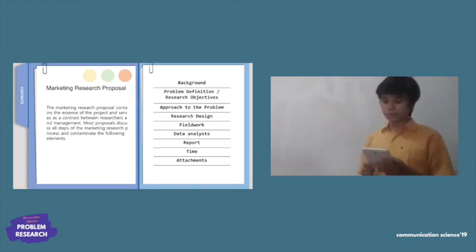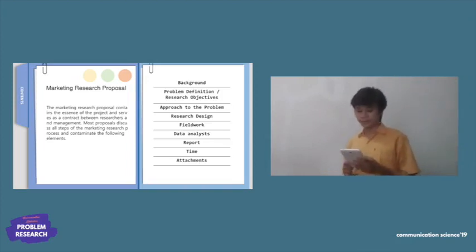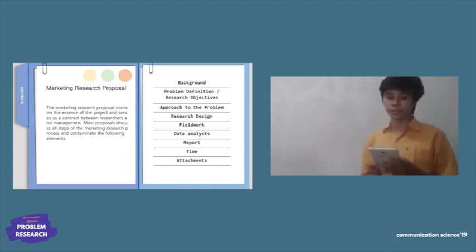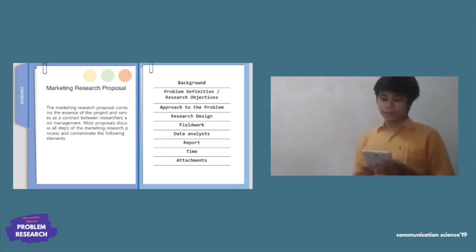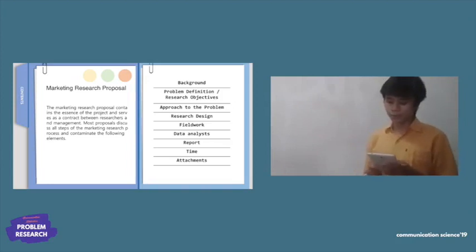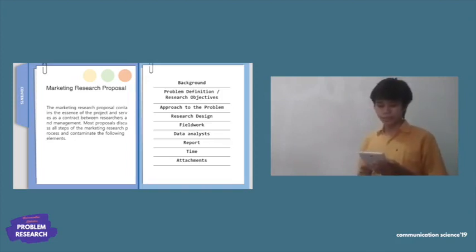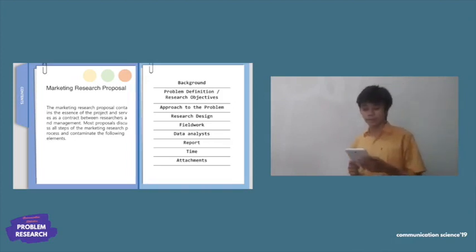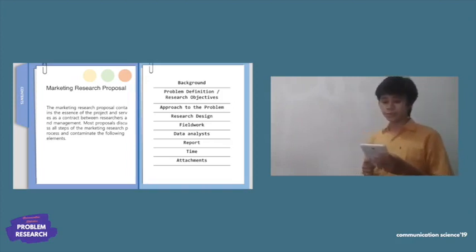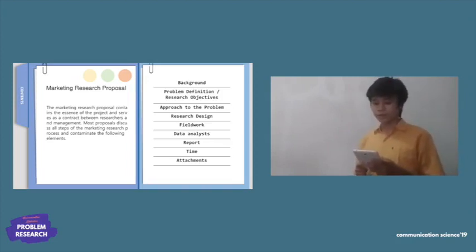The proposal must start with a summary of the main points from each of the other sections, presenting an overview of the entire proposal. Second, background. The background of the problem. Third, problem definition or research objectives. The problem statement, including the specific components, must be presented. Fourth is approach to the problem. Identify research questions and hypotheses.